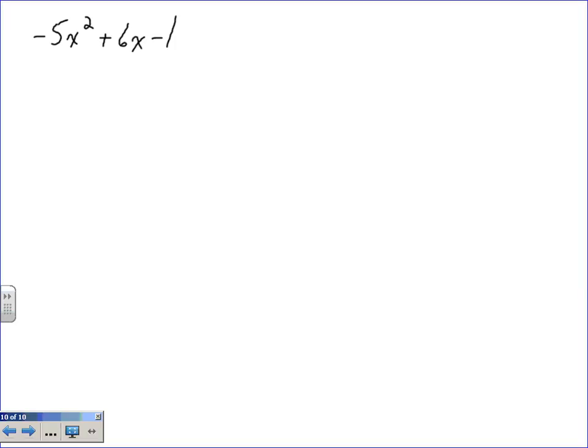You remember that term? I don't like that leading coefficient to be a negative. So here's what I'm going to have to do. I'm going to factor it out. What does that mean? I have to take this first step.